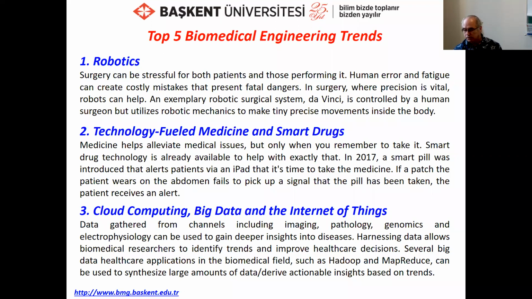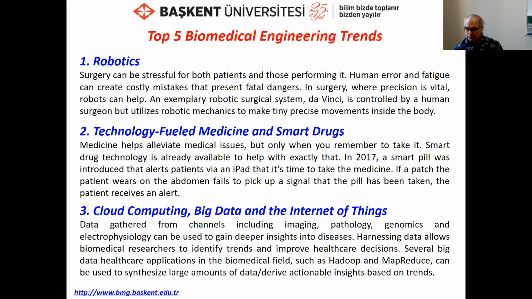You can also use the robotic term for surgical applications. An exemplary robotic surgical system such as Da Vinci is controlled by a human surgeon but utilizes robotic mechanics.